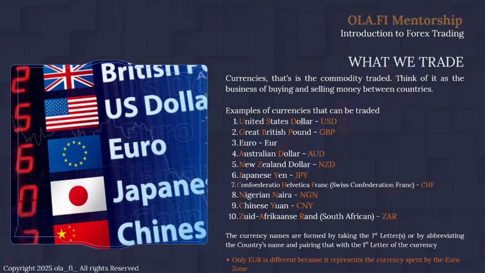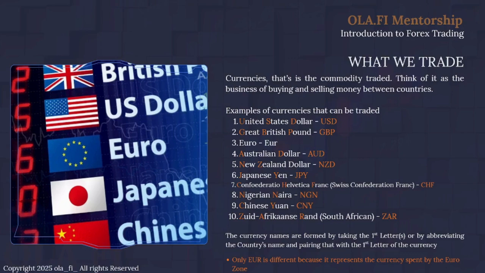So the Swiss franc is from Confederatio Helvetica, Swiss Confederation franc. That's why it is CHF, and it's not named like the others. It's the Latin name that CHF is derived from.